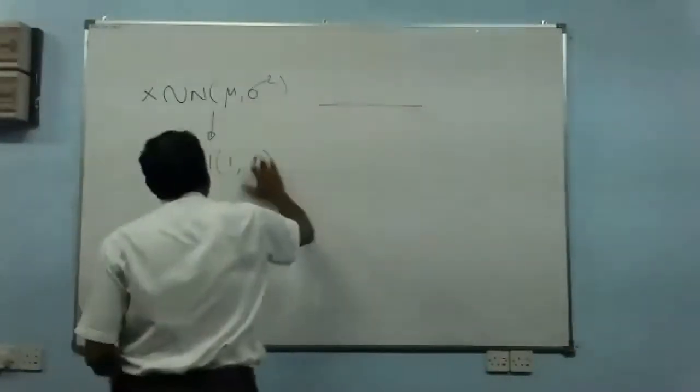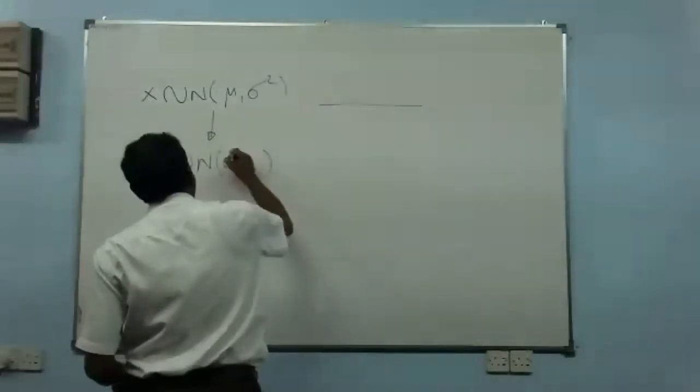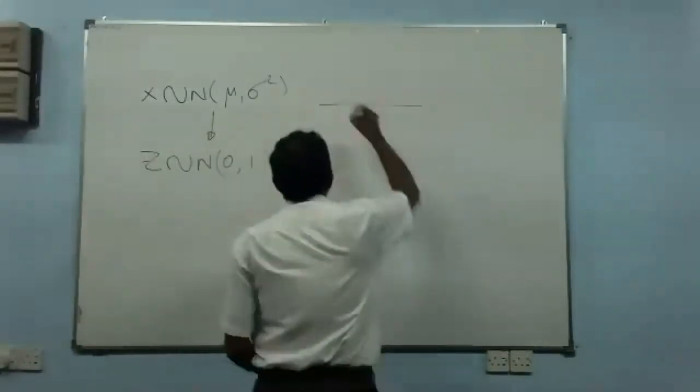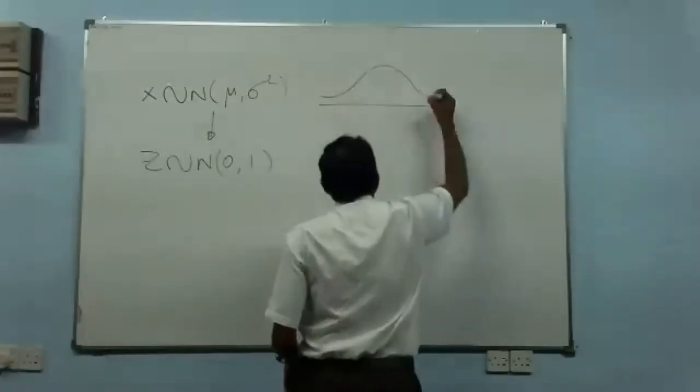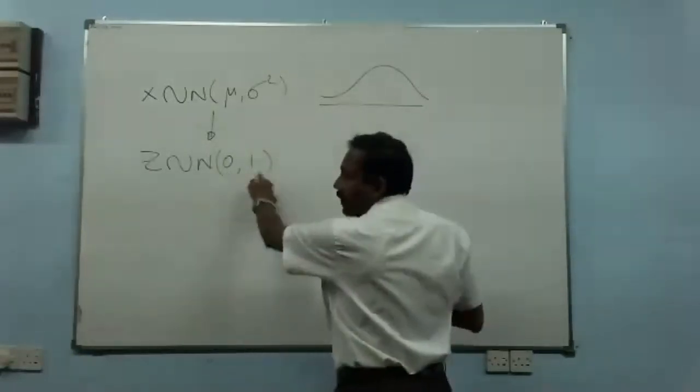Sorry, the mean is always 0, the variance is 1.